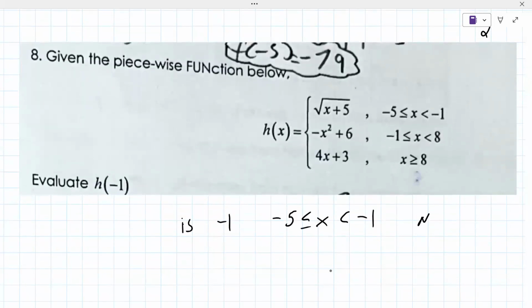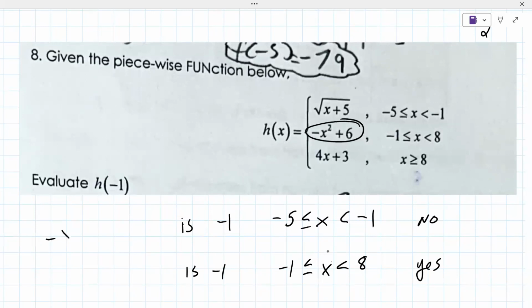So you say no. Then is -1 in this window? Does it fall between these two numbers, where -1 is included? Yes. So that means you're going to use the middle one. Now you can evaluate it wrong again. You have to remember that it's really negative parentheses x squared plus 6.